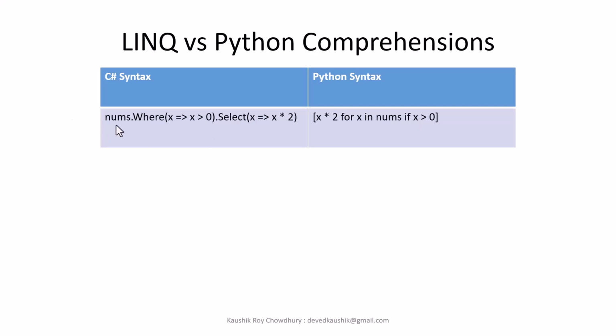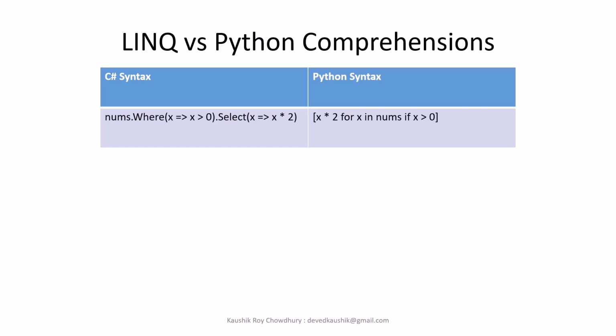The C# equivalent syntax is nums.Where x goes to x greater than 0, then after going through this condition, it selects x times 2. It is a much shorter way, easy to remember and implement.